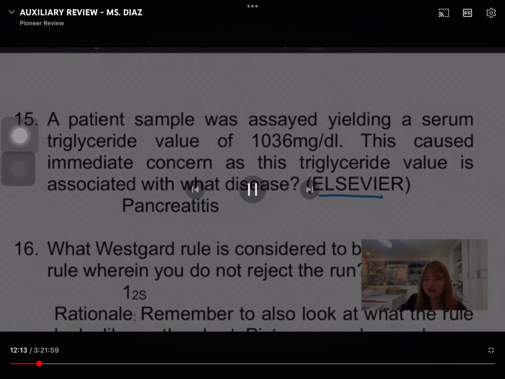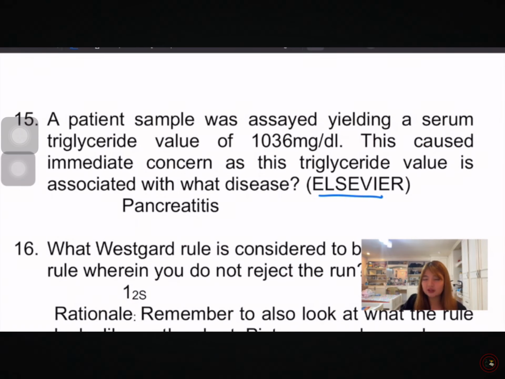Nagbasa ako ng Har and ng Shula and konting Turgon, pero hindi rin ako nagbasa ng Elsevier, one of my regrets.